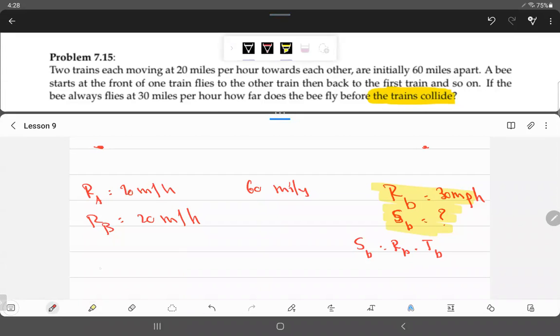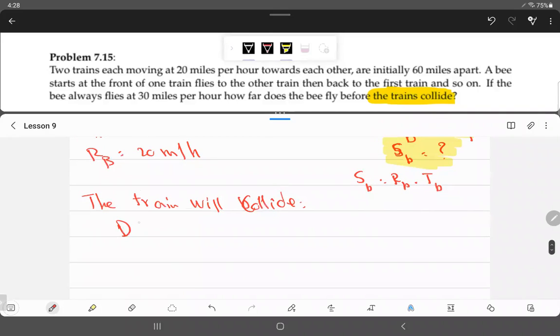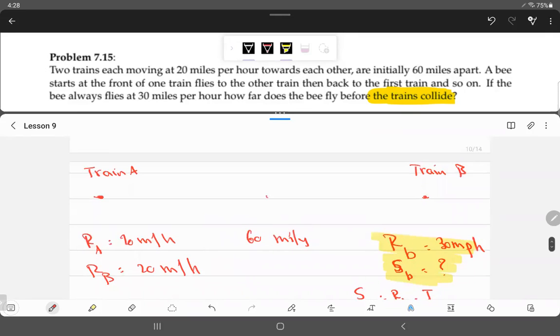It's clear that the trains will collide when distance equals distance. S of the train A is equal to S of the train B. Do you agree? They're going to collide in the middle here because they have the same speed, the same rate.